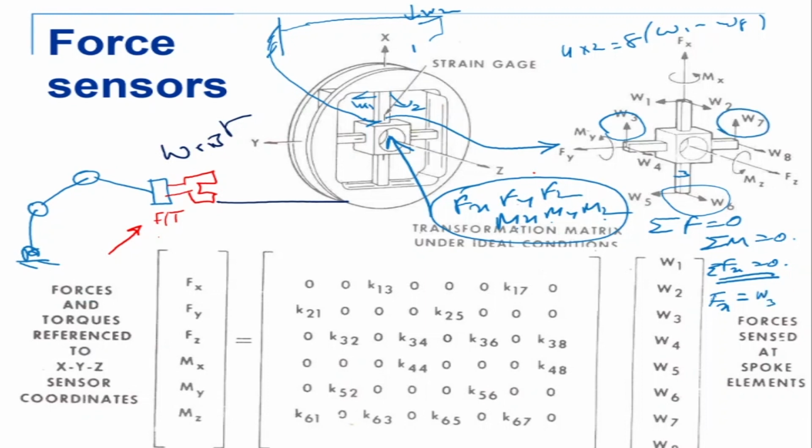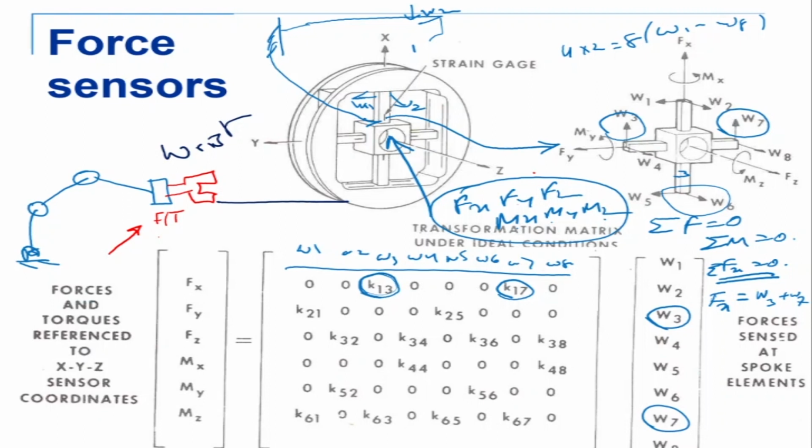This is my W3. So this is W1, W2, W4, W5, W6, W7, W8. This is my first equation. So I get K13 and K17, these are gains, into W3 plus W7.